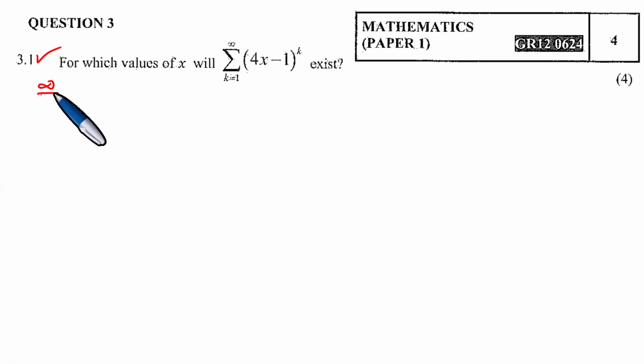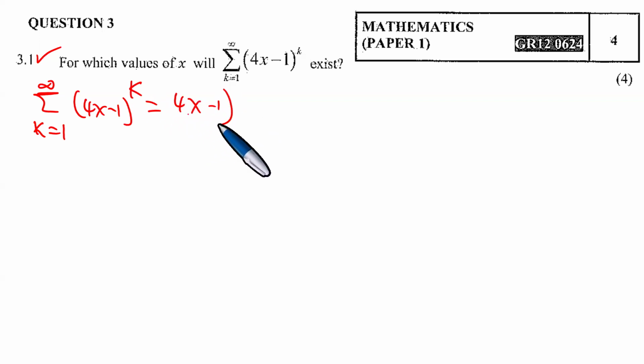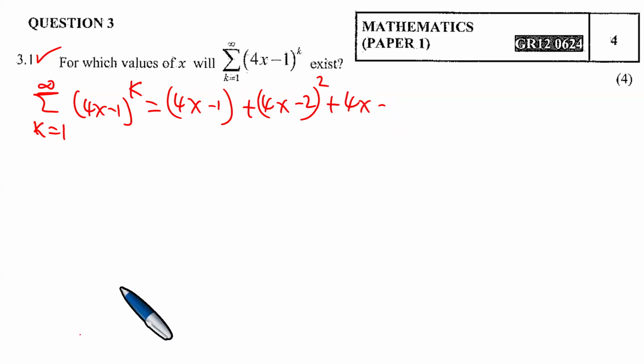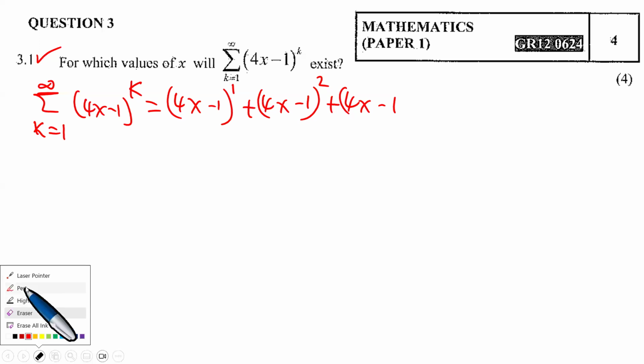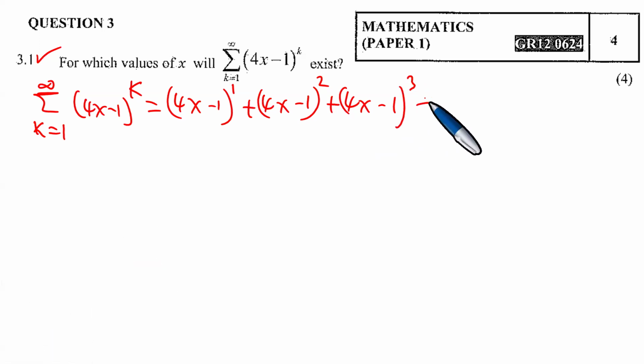First things first, we must always be in a position to expand the infinite series, which means you have 1, then 4x minus 1 to the power 1, then 4x minus 1 to the power 2, and then 4x minus 1 to the power 3.